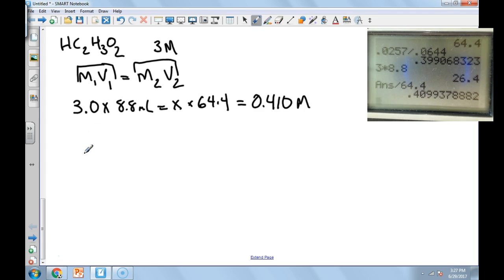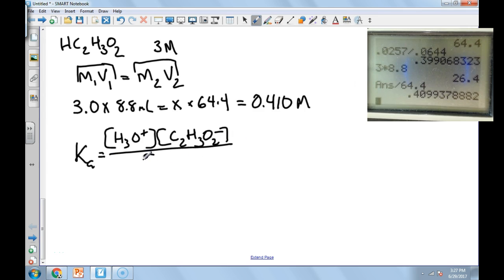I always suggest doing the ICE chart because the Henderson-Hasselbalch equation is just a rewrite of that ICE chart. And so this ends up being Ka is equal to products, which is H3O plus, times the concentration of the conjugate base, which is acetate ion, all over the concentration of the acid.